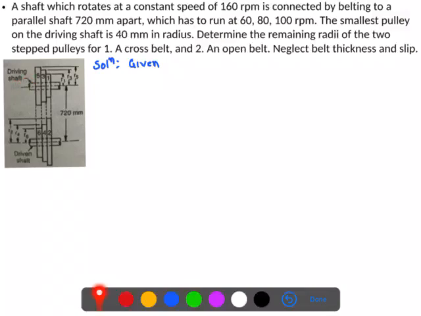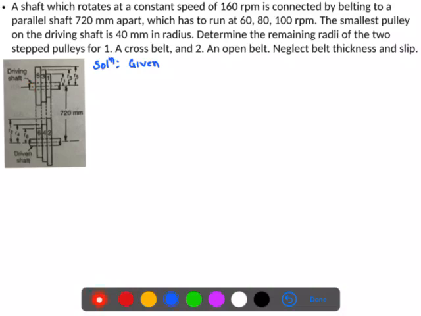This is a driving shaft which is having the 3-step pulley, first pulley, third pulley and the fifth pulley, while the driven shaft is again having the 3 pulleys, second, fourth and sixth, and the distance between the 2 shafts is 720 millimeter. The driving shaft is moving with a constant speed of 160 rpm.